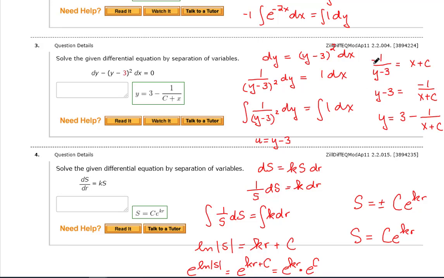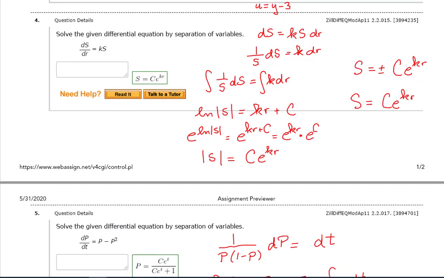And so I get minus 1 over y minus 3. I'm going to flip both sides and multiply through by a minus 1. And then moving the 3 to the right hand side, I get that our solution is y equals 3 minus 1 over x plus c.